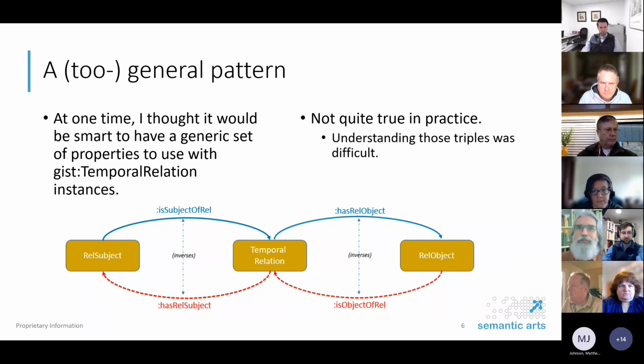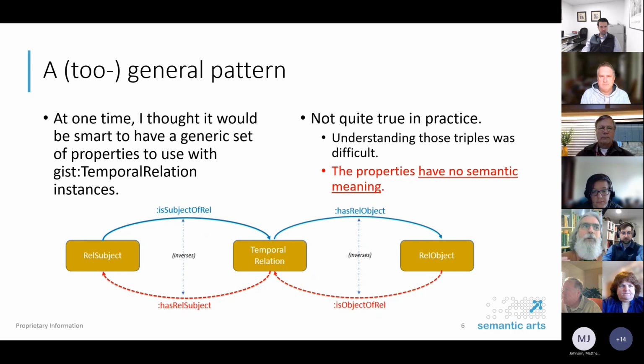It was just not very good. And then the more important thing is those properties have no semantic meaning at all. It tells you something about the modeling pattern, but nothing about the data itself. So I was wiping out the semantic meaning behind this thing. So bad move on my part.